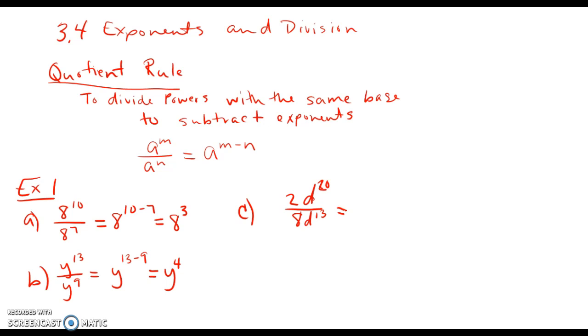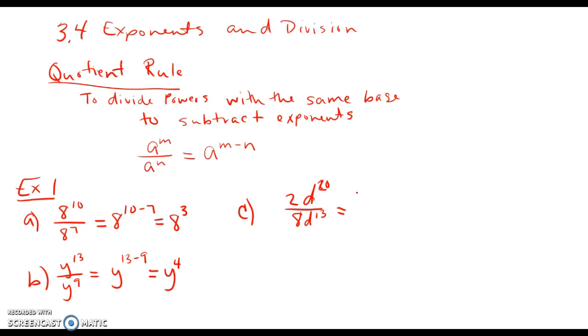So remember when we were multiplying, coefficients are not part of the base. They are their own base. And so the base is just the d. When I look at the 2 and the 8, those are coefficients. And so if it's a fraction, I simplify. If I can divide evenly, I divide evenly. So if it was like 8 over 2, then the 2 divides into the 8 evenly, and we go ahead and do that division. Here I'm just going to simplify.